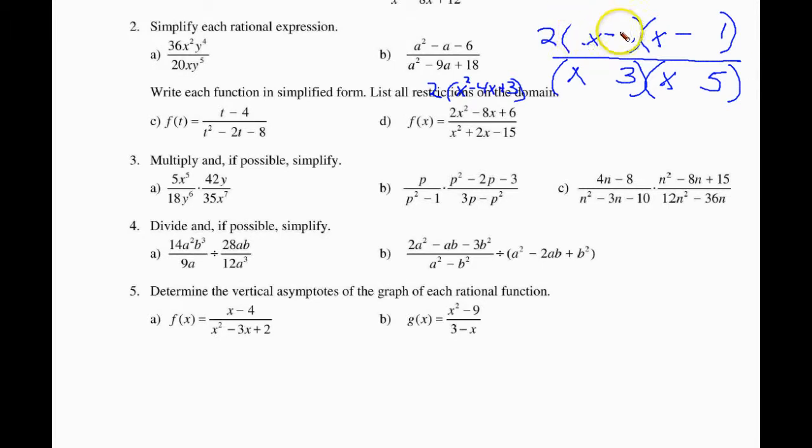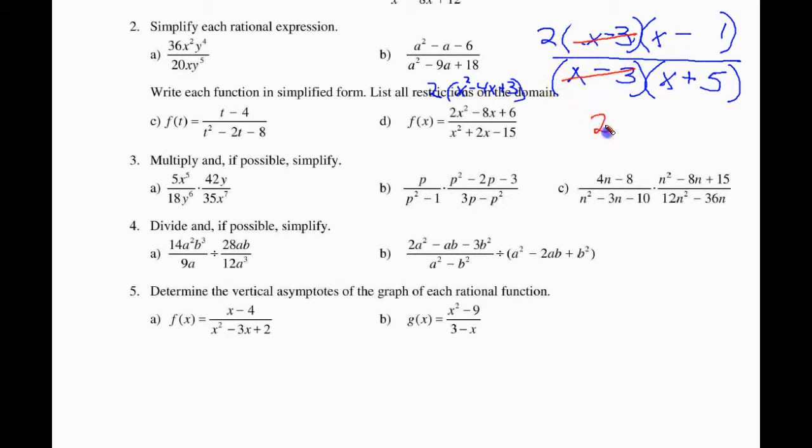This becomes a 1, and this becomes a 3. Now it's better. So this is going to be a plus, and this is going to be a minus. Now I have like terms. So now when I look for common factors, I have one here. These cancel out.